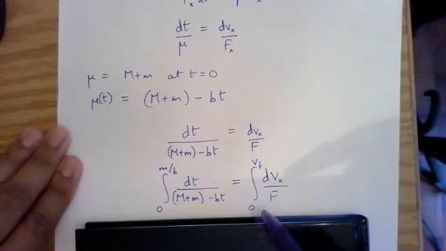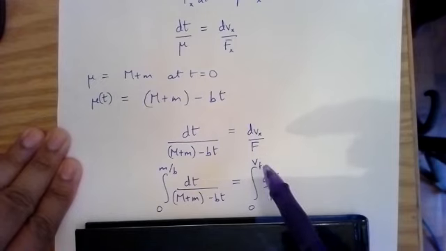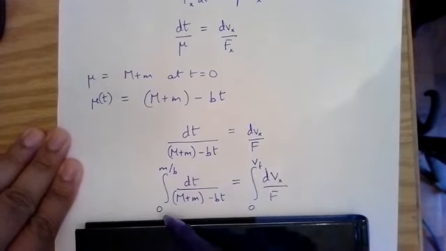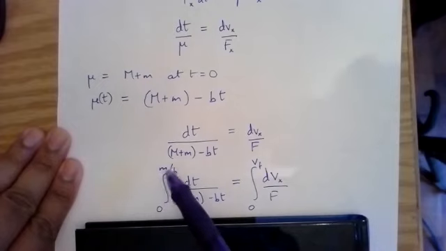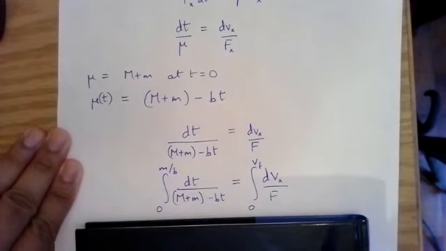On the right-hand side, we're going from 0 velocity when the freight car is at rest to whatever its final velocity is when all the sand is gone. And on the left-hand side, we're going from time t equals 0 to the time little m over b, because that is how long it would take for all the sand to come out.